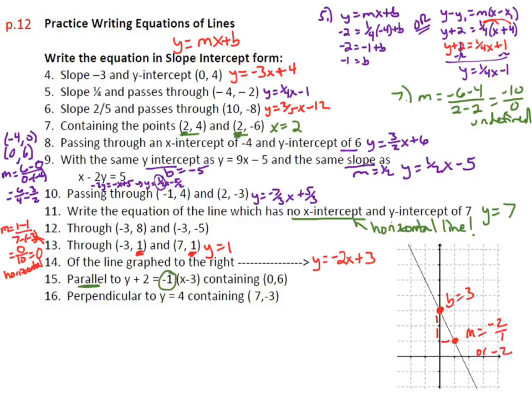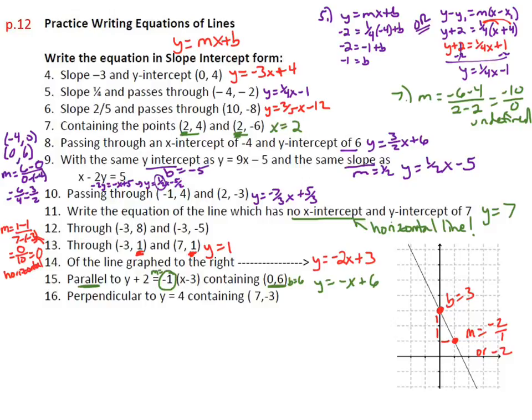So that negative 1 is our slope, and we want to contain the point 0, 6. Well, if x is 0 and y is 6, that means my b value is 6. So I have the slope and y-intercept without really having to do anything. Just put the pieces together and say y is equal to negative 1, or just negative x, plus my y-intercept of 6. And there's my equation.